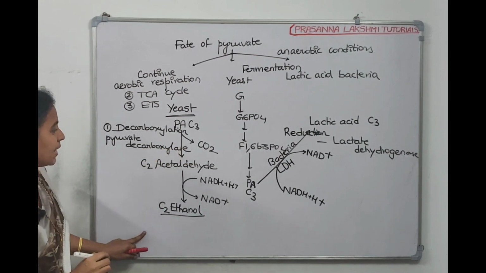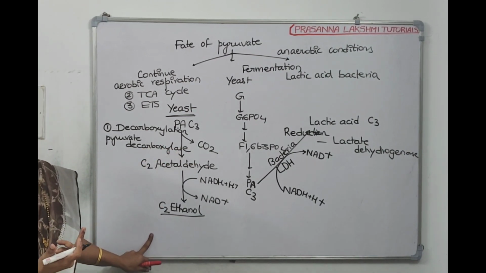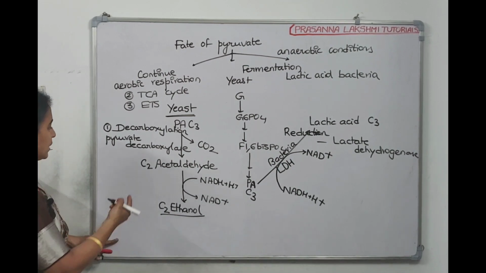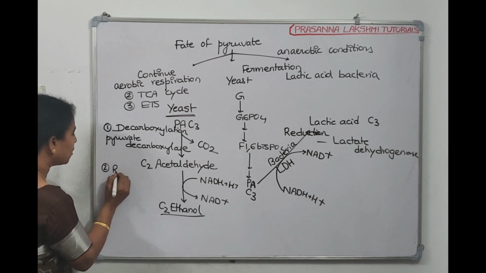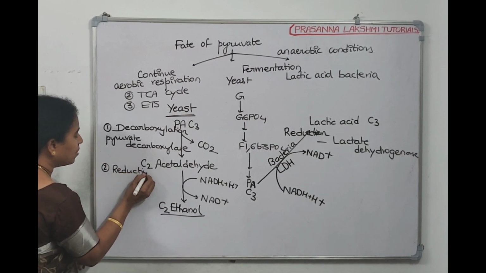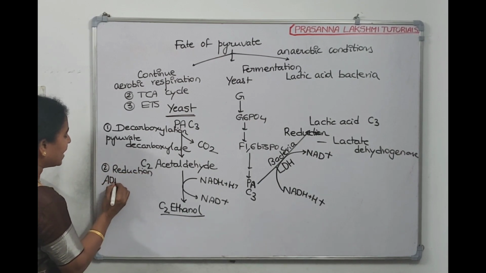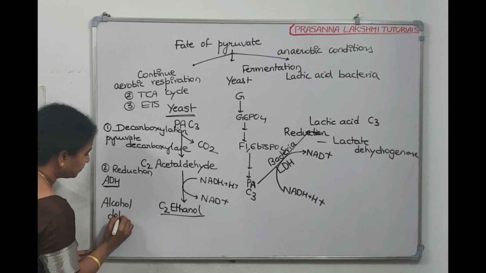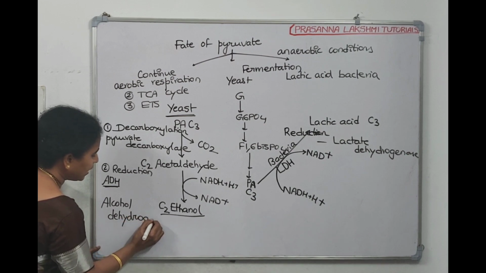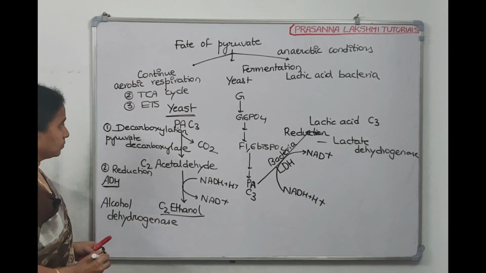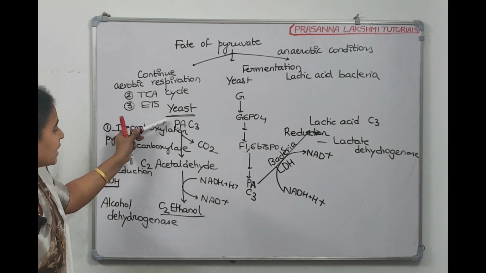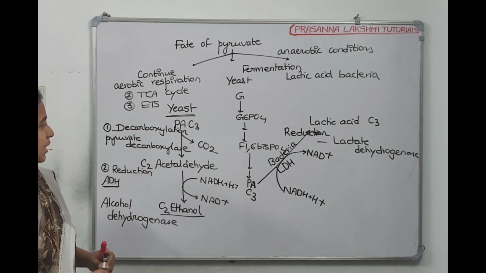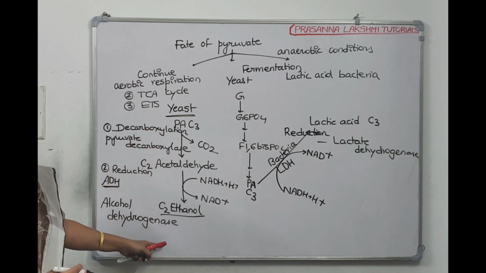Whereas the second reaction is a reduction reaction, mediated by an enzyme called alcohol dehydrogenase, ADH. So in yeast, when pyruvic acid is converted to ethanol, which is a 2-carbon compound, CO2 is released, and it takes place in 2 steps.